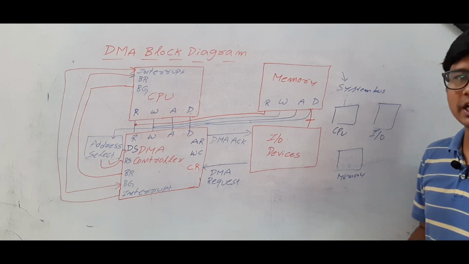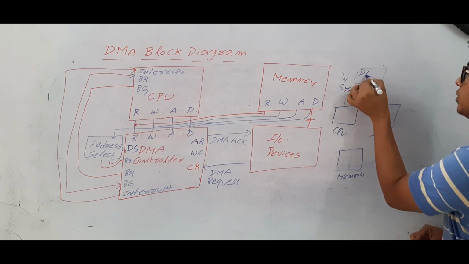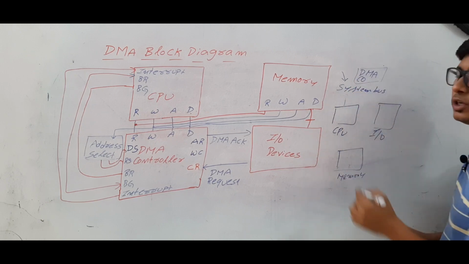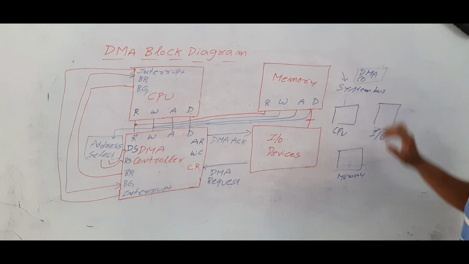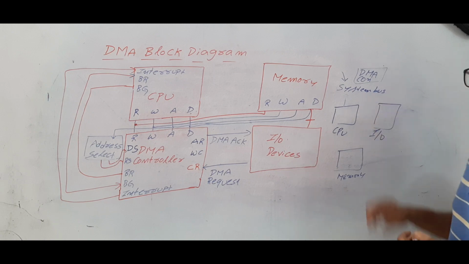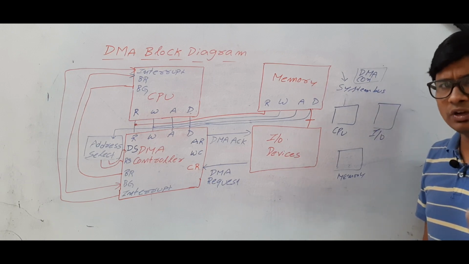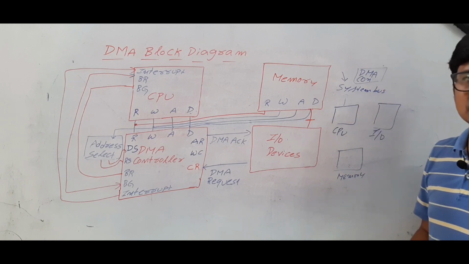When it comes to direct memory access, people reduced the role of the CPU by introducing a new component called the direct memory access controller. This DMA controller will reduce the burden on the CPU. How will it reduce the burden? By taking charge of the system bus.